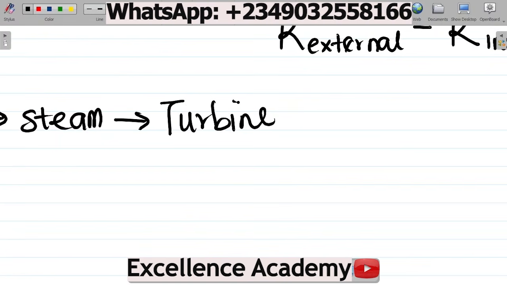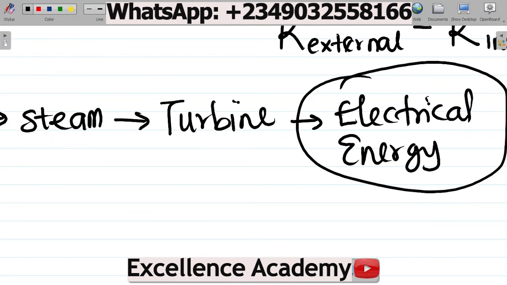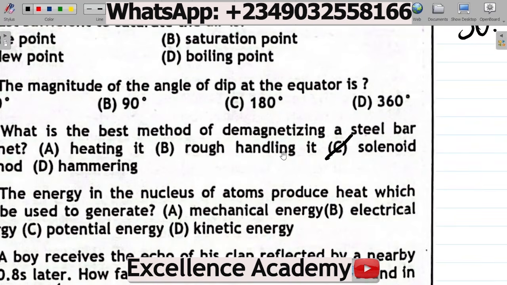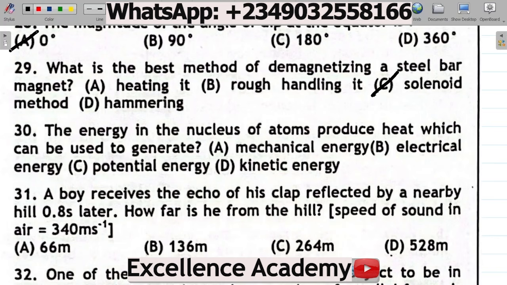This turbine is now used to produce electrical energy. So from this, you can see that in nuclear power stations, what they use nuclear energy to produce usually is electrical energy. So the correct option there is electrical energy. Let's see which option that is. That is option B. So option B, electrical energy, is the correct answer.